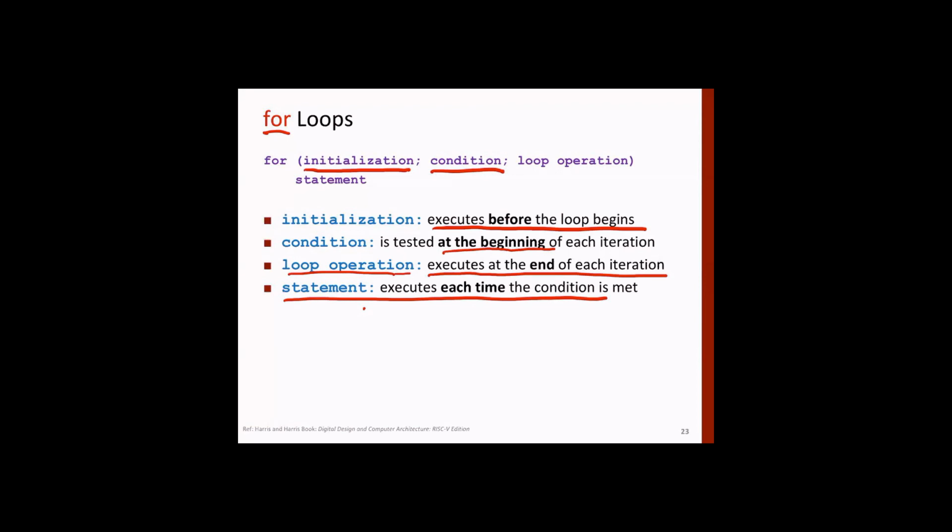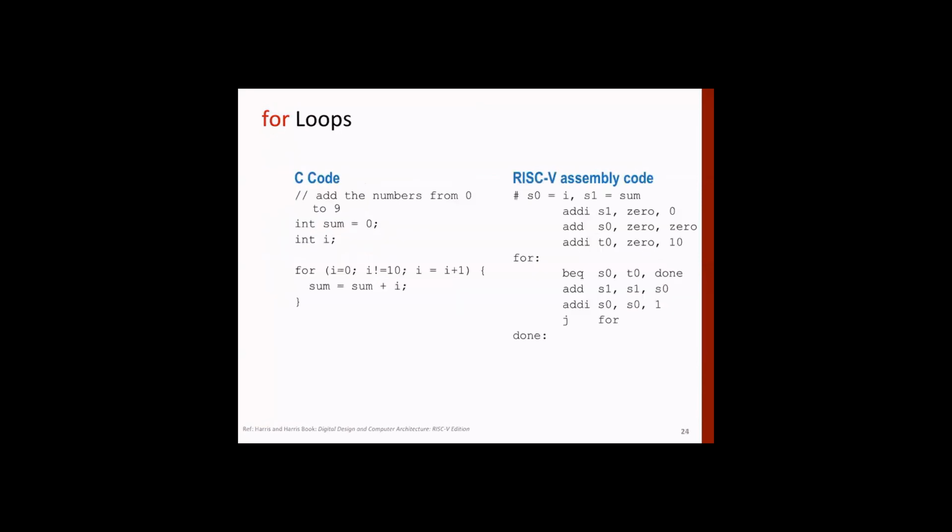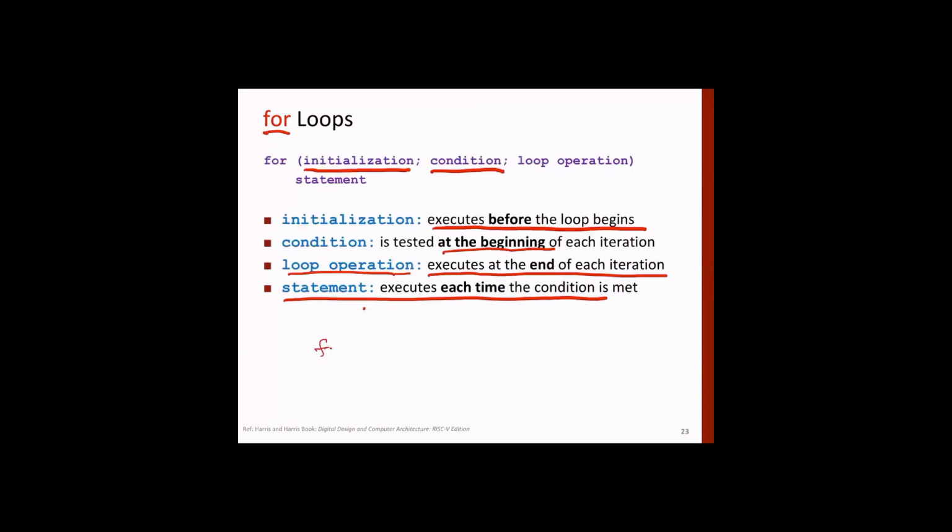So here, for example, we can say for I is equal to 1, and the next statement is I less than or equal to 10, let's assume. This is the initial statement. This is the condition that we have to check in the beginning.